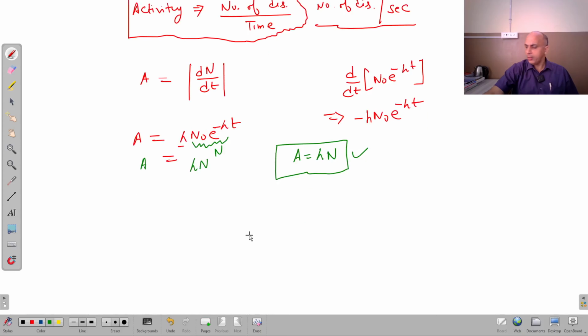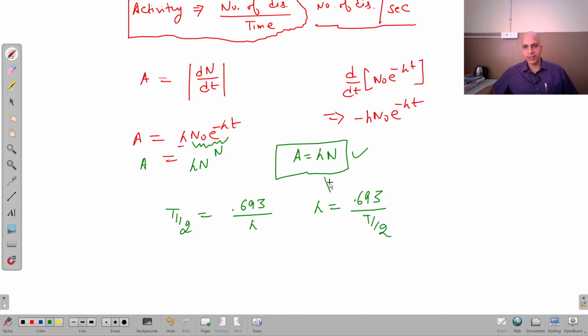We know very well that half-life period T half is equal to 0.693 upon lambda. So if I take lambda here, I get lambda is equal to 0.693 upon T half.